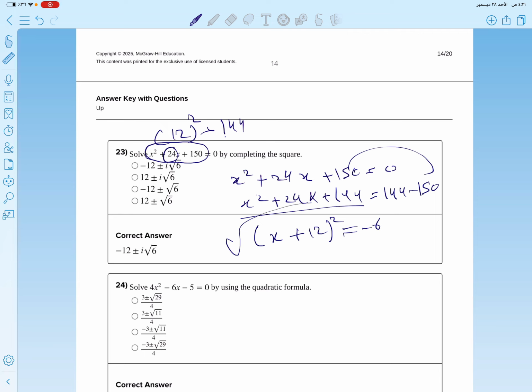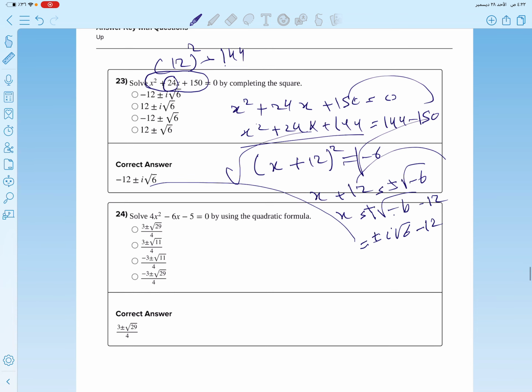I need the square root, so x plus 12 equals negative and positive square root of negative 6, and move 12 to the right side. x equals negative and positive the square root of negative 6, minus 12. Now we have a negative inside the square root, so it'd be negative and positive i square root of 6 minus 12. We have two values, the answer here.